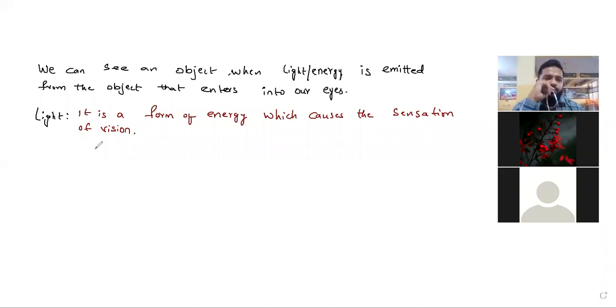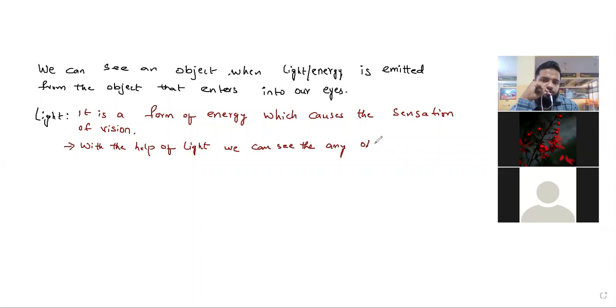With the help of light, you can see any object. So we'll write here: with the help of light, we can see any object. Is it clear to you all?